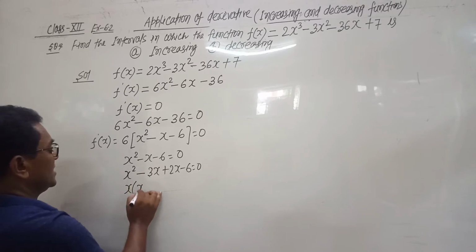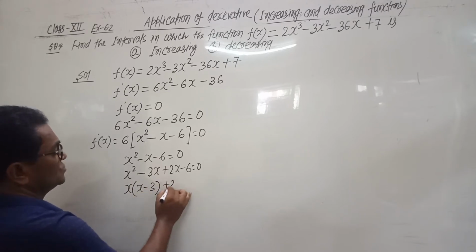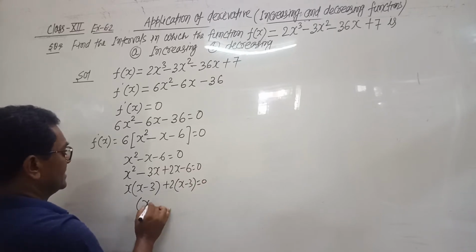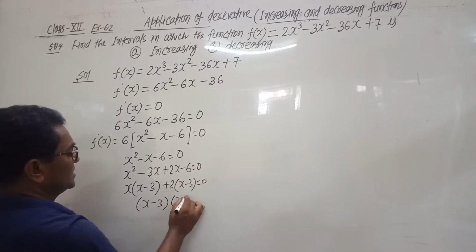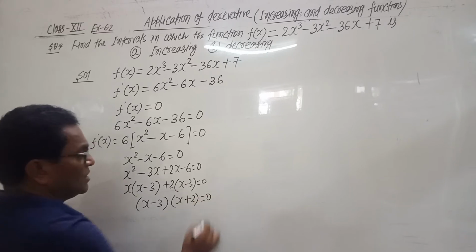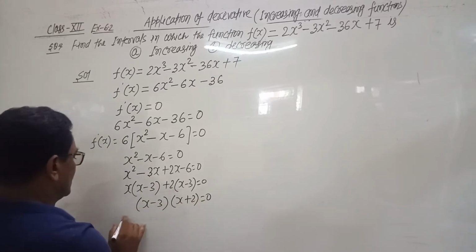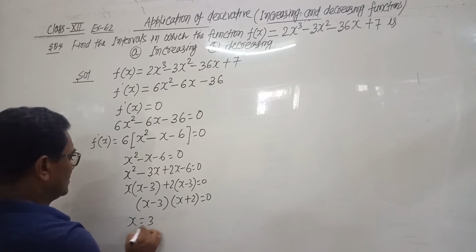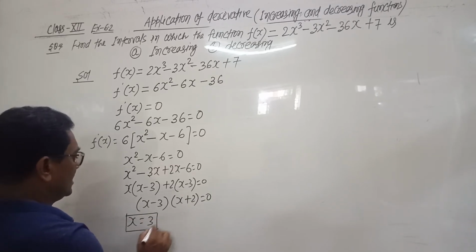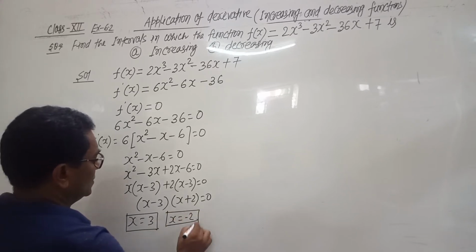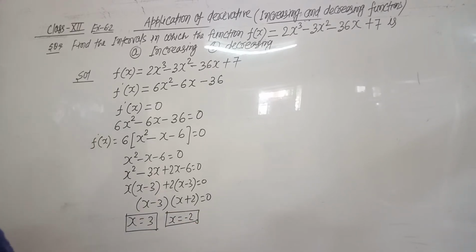From the first two terms x is common, and from the last two terms 2 is common, so (x - 3)(x + 2) = 0. We find the value of x: x - 3 = 0 gives x = 3, and from the other factor x = -2. So we obtain two values of x, one is -2 and the other is 3.